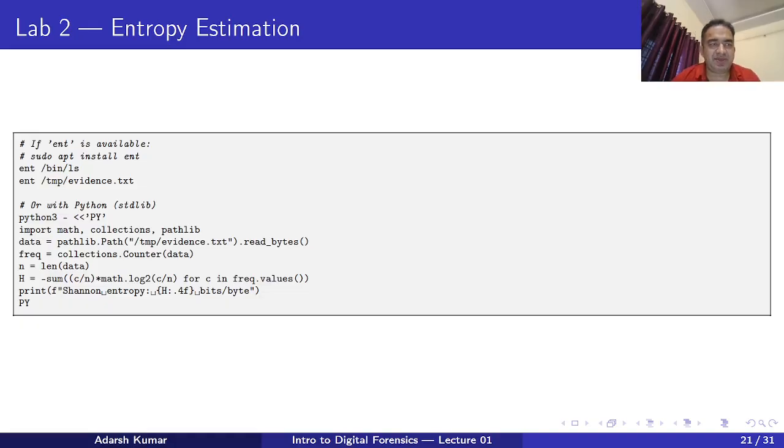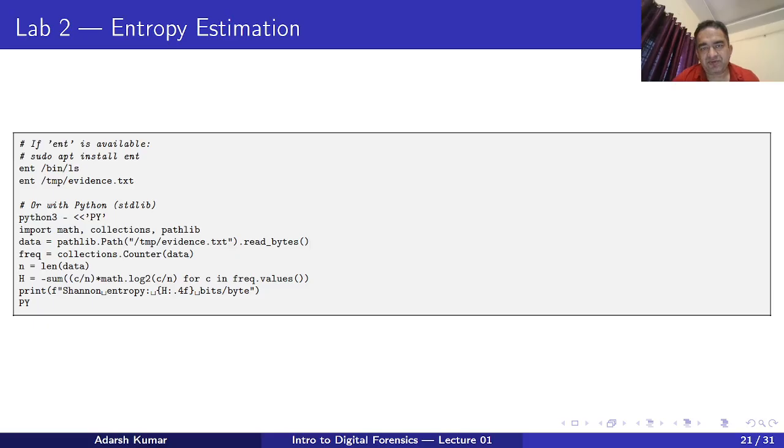The next lab experiment is entropy estimation. You can run ent on binaries versus plain text. ent is a tool, or you can use a Python script to compute the entropy. In this experiment, we are comparing /bin/ls with a tiny text file to show how content type affects entropy.